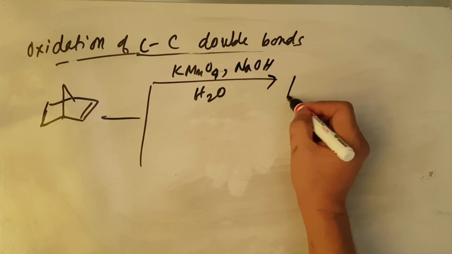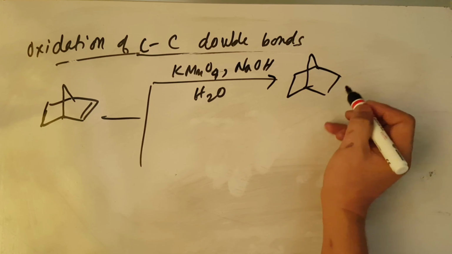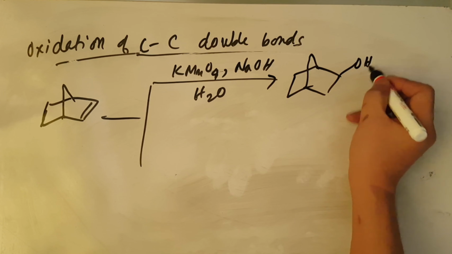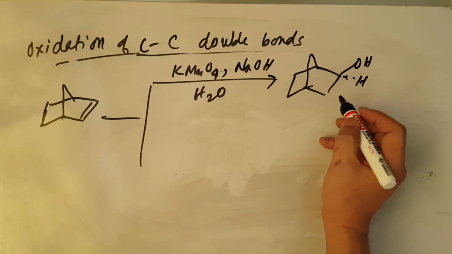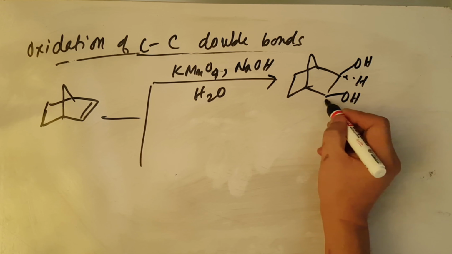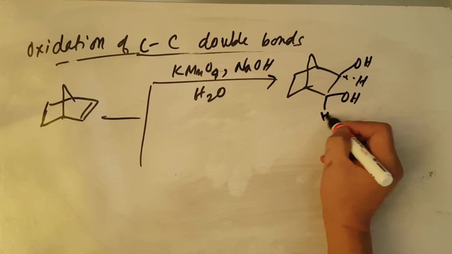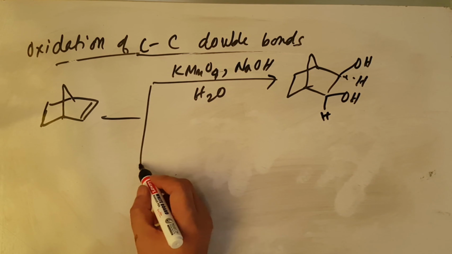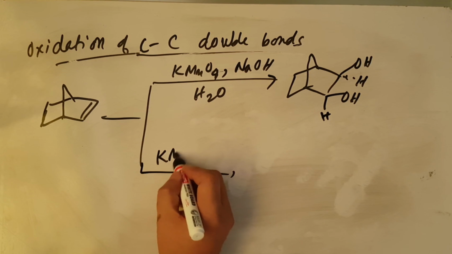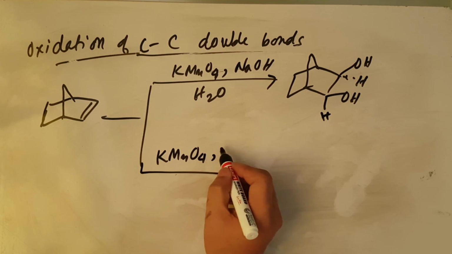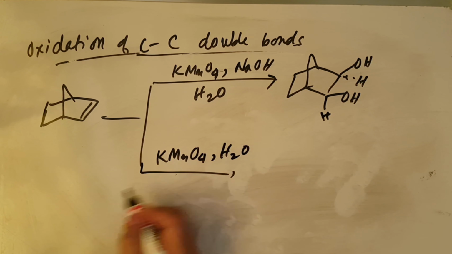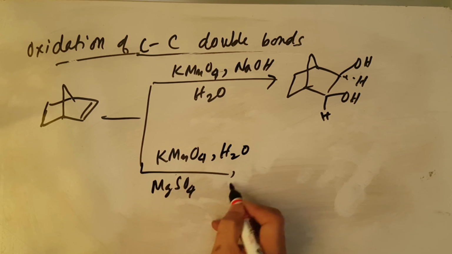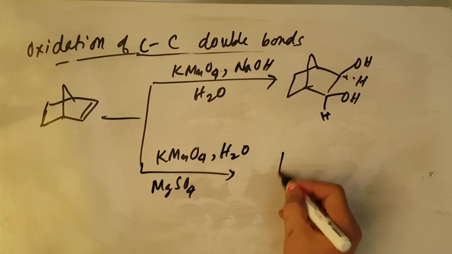We get this product, the 1,2 diol. But if you use KMnO4 aqueous solution in the presence of sulfuric acid or magnesium sulfate in acid medium, then we get another product.